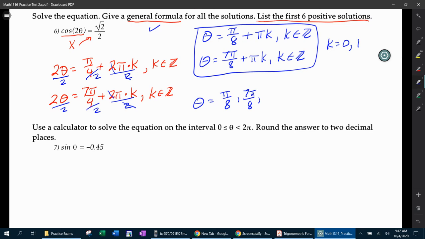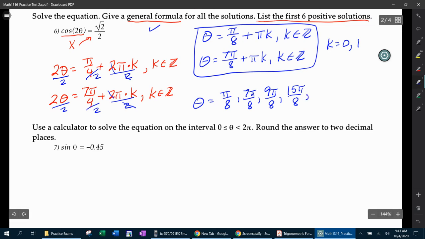Pi over 8 plus pi would be 9 pi over 8. 7 pi over 8 plus pi would be 15 pi over 8. And again, if you're wondering how am I doing that, I'm getting a common denominator for pi. So 7 pi over 8 plus 8 pi over 8. 8 and 7 is 15 pi over 8.